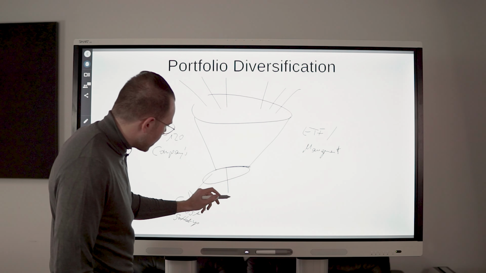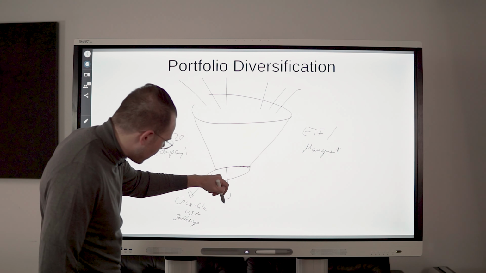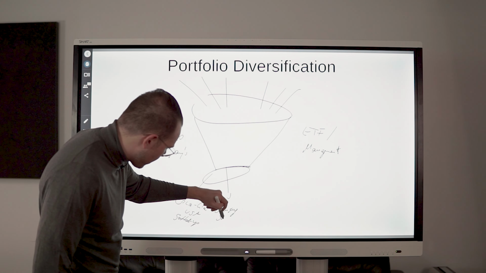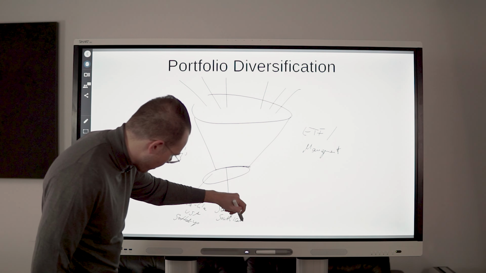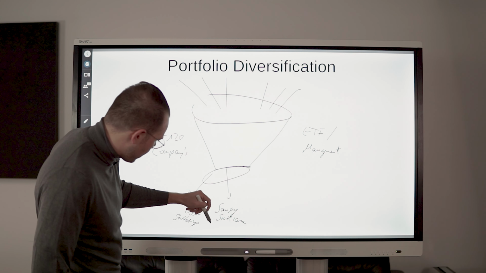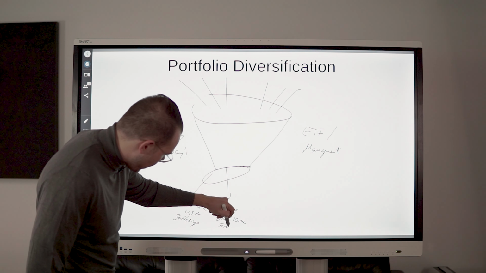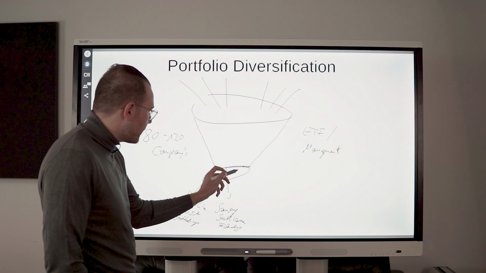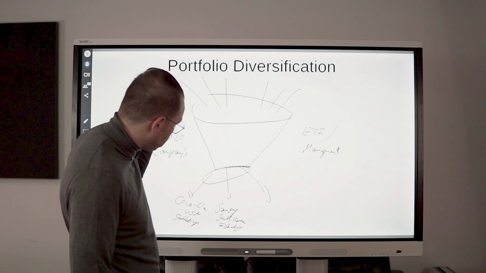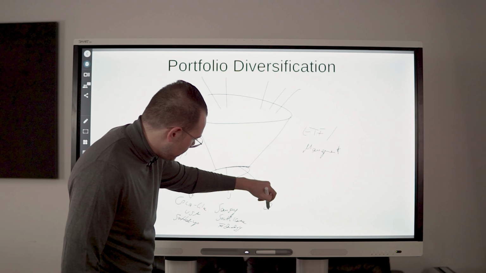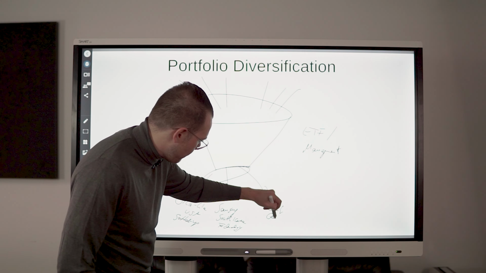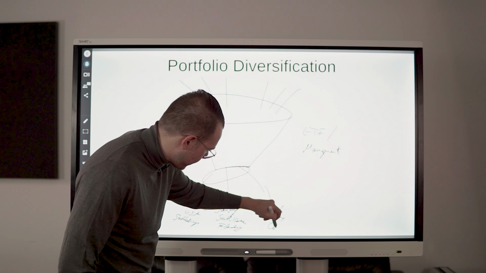On top of that, this mutual fund is investing in Samsung, which is in South Korea, and they are in, let's say, top technology. And then they are investing in Daimler, so Germany, and cars.